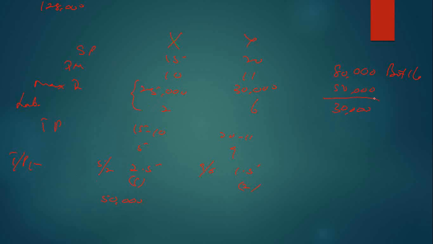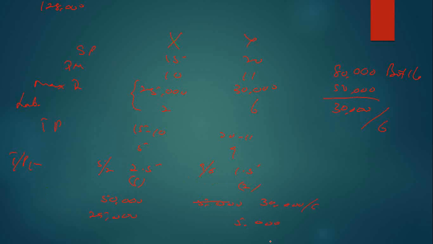So with the 30,000, I can produce Y. Now to produce Y, I need 6 labor hours. 6 into 30 is 180, which I don't have. I can only produce 30,000 divided by 6, only 5,000. So 25,000 of X I can produce, no problem, but Y only 5,000.